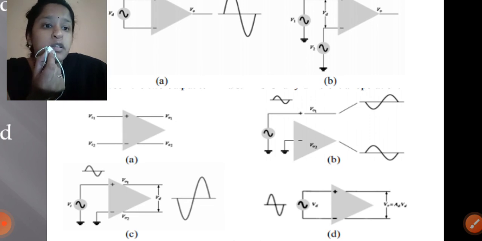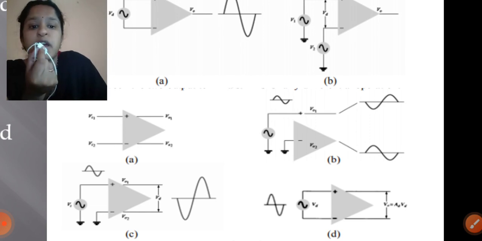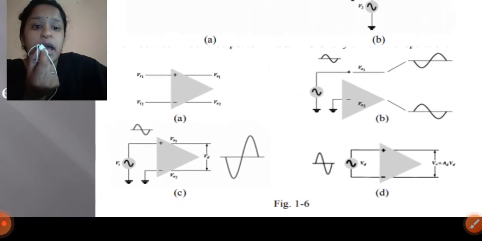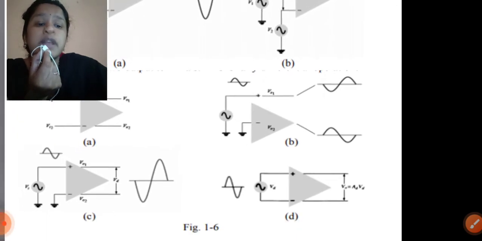And here also the V1 and V2 are the inverting and non-inverting. Wherever you are connecting the circuits, you can get the output like that. We have to see both connections.